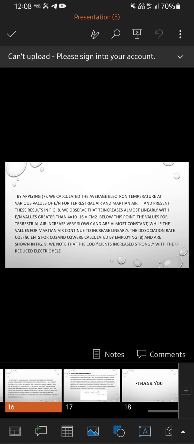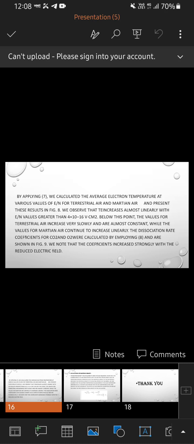By applying equation 7, we calculated the average electron temperature at various values of E/N for terrestrial air and Martian air and present these results in figure 8. We observed that Te increases almost linearly with E/N for values greater than 4×10⁻¹⁶ volt square centimeters, below this point the values for terrestrial air increase very slowly and are almost constant, while the values for Martian air increase linearly.